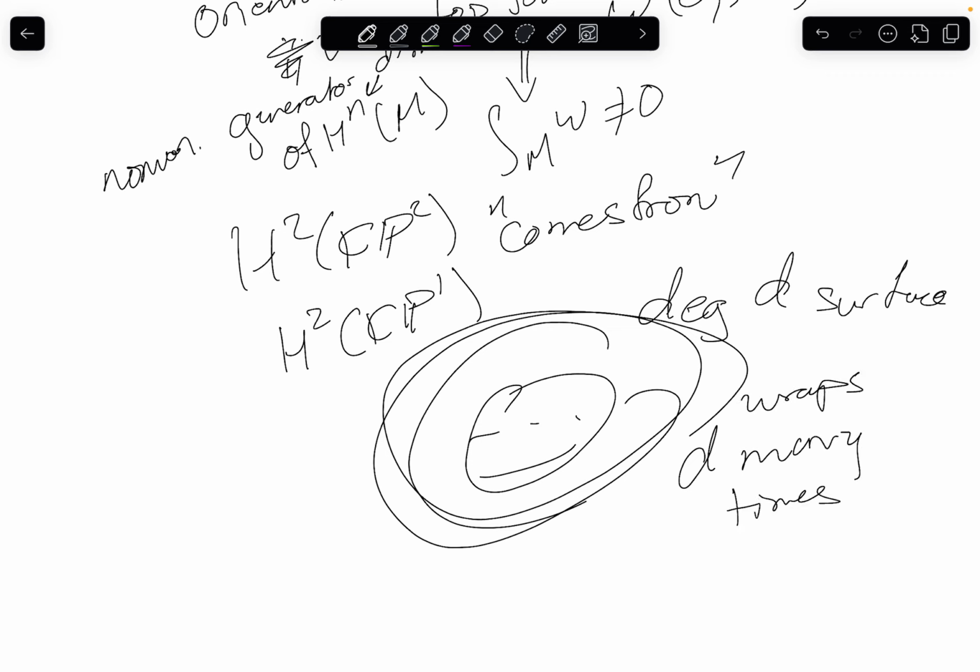So there's a copy of CP1, which is non-contractible, and from the fact that omega S D is equal to D of omega H, you have this interesting picture that the degree D surface wraps around the sphere D many times.